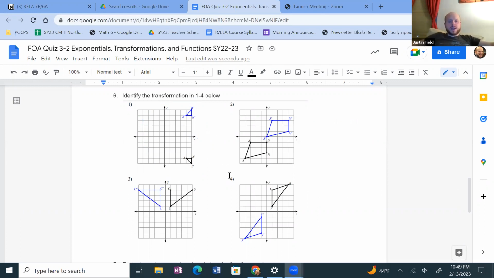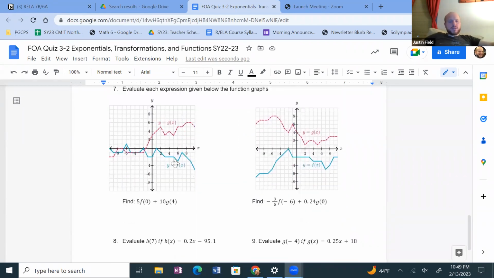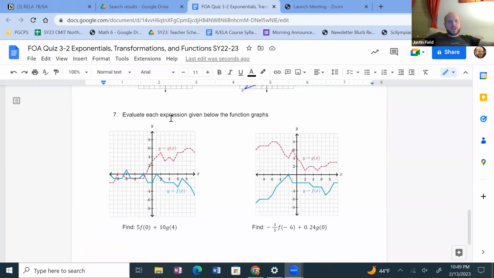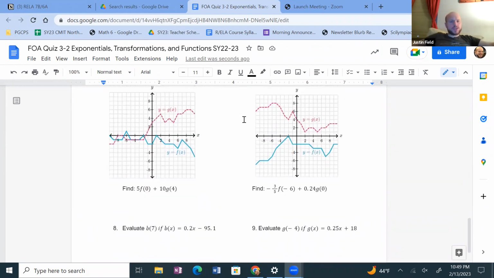All right. And then the last two more. Evaluate each expression given the function graphs below. Okay, so 5 f of 0 plus 10 g of 4. And so f is the blue, and when x equals 0, we're at -2. So we want to do 5 times -2 plus 10 g of 4.